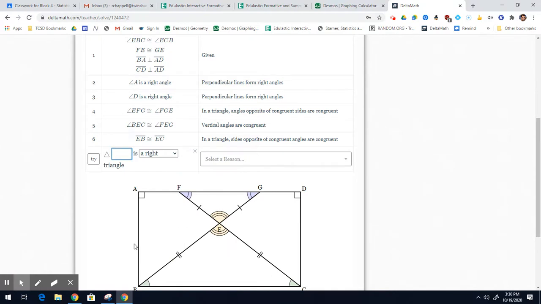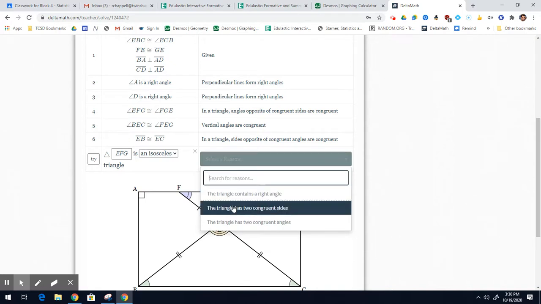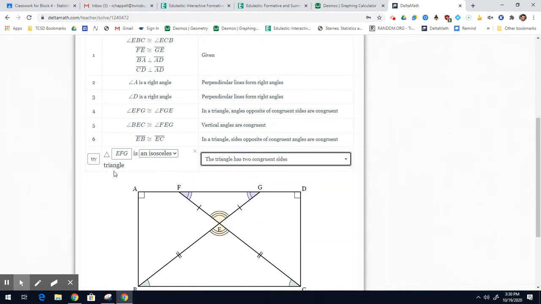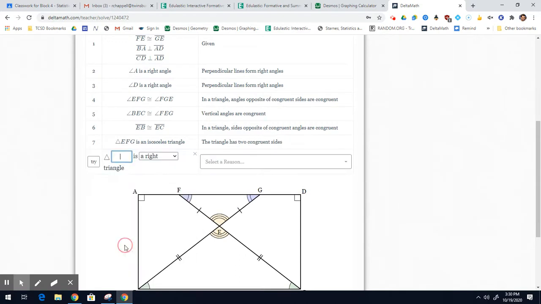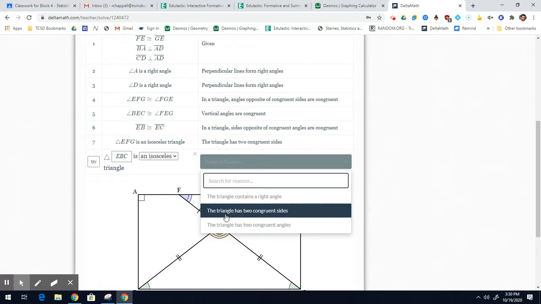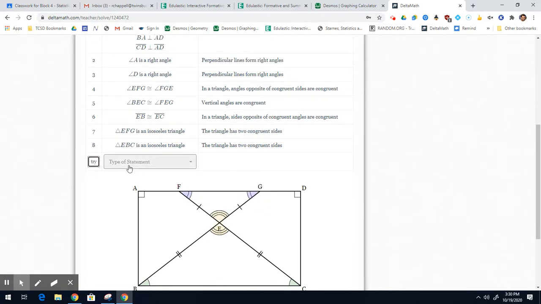So, classify the triangle. So EFG is isosceles because we have two congruent sides. That's fine. And then EBC is isosceles because we have two congruent sides. Sure. Okay.